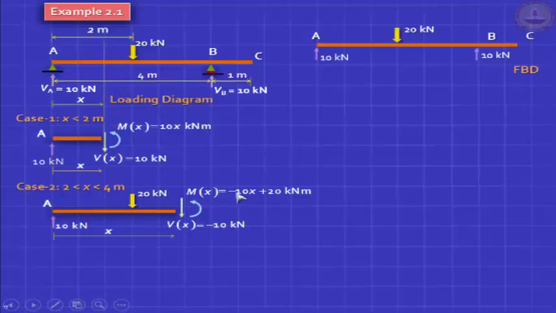When you expand it, you will get minus 10X plus 20. Actually, we kind of wrote the final answer, but as a beginner, you should write all the steps. You'll end up with this answer. And actually, it's nice to put brackets here and show that the whole thing has units of kilonewton meter. Please, these units are important. Shear force has units of kilonewton. Bending moment has units of kilonewton meter. You've solved it. That's it.